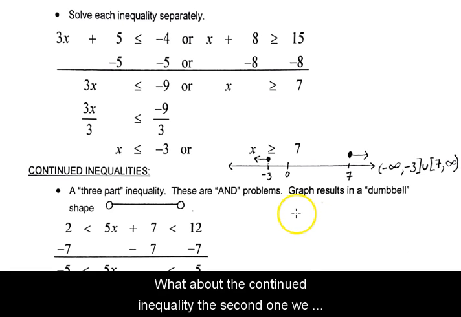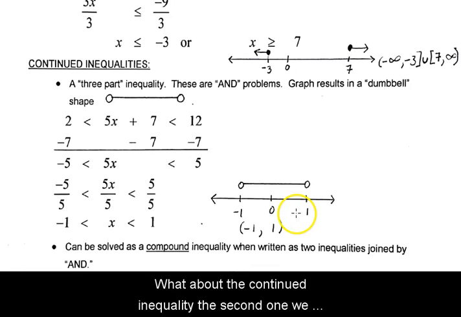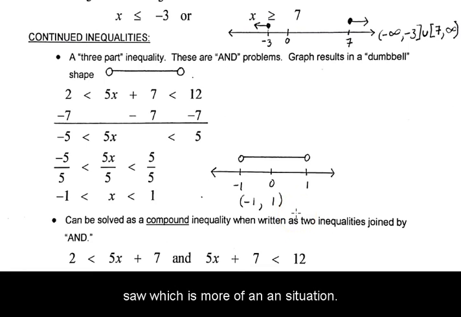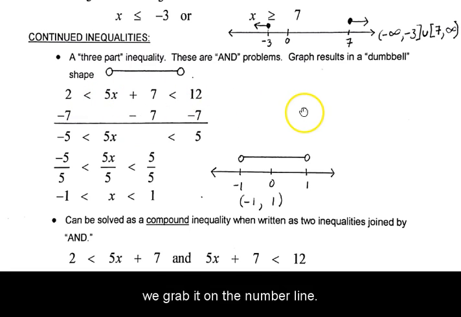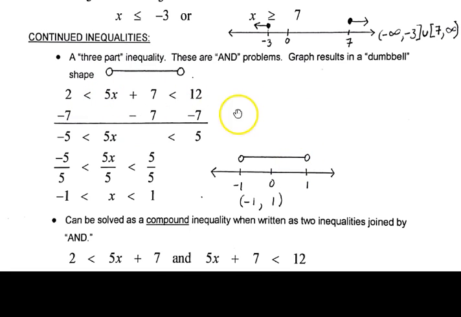What about the continued inequality, the second one we saw, which is more of an AND situation? If we're looking at this AND situation, then we expect to see a dumbbell type shape when we graph it on the number line.